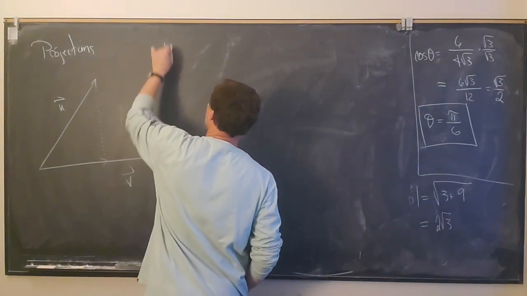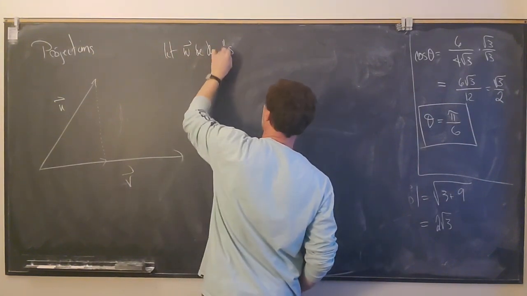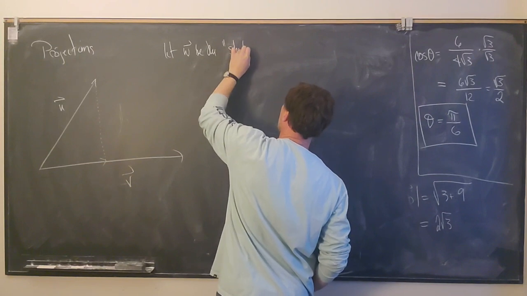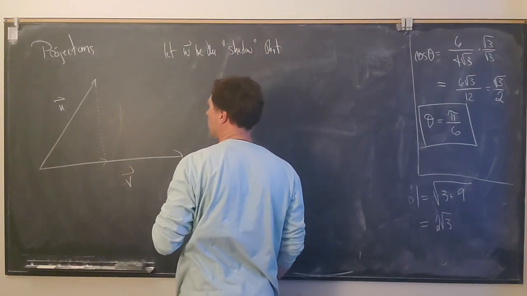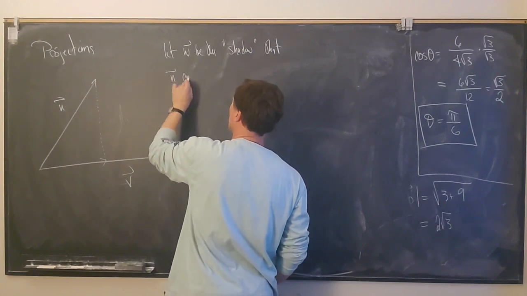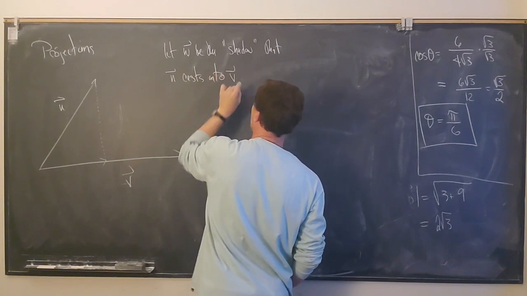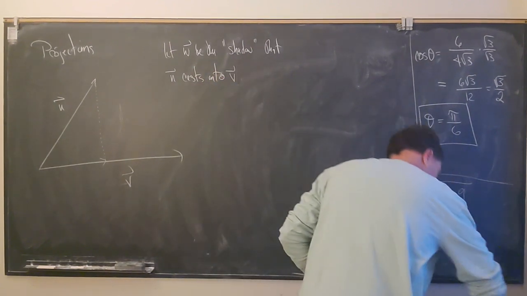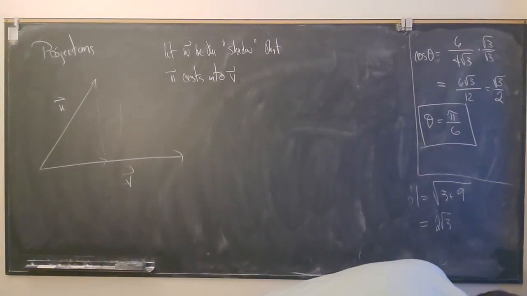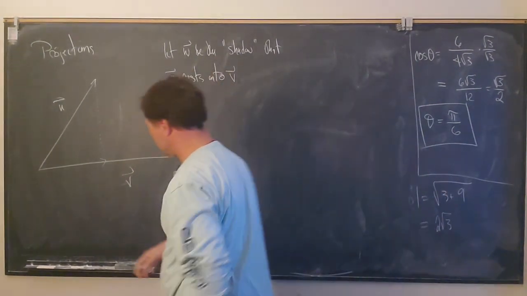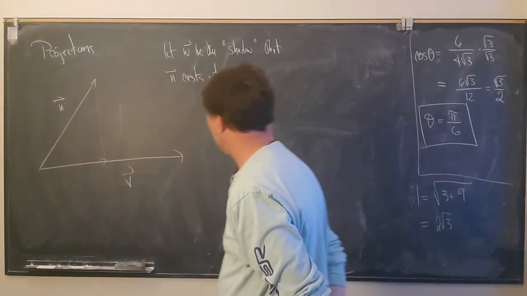Let's let W be the shadow that U casts onto V. This vector has a name.